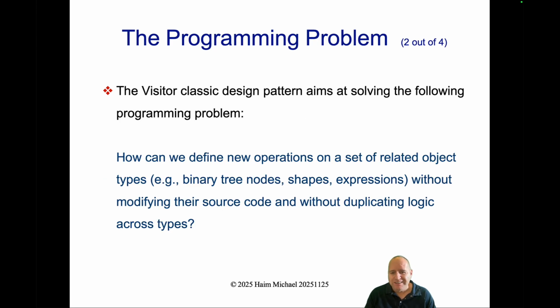So the classic visitor design pattern aims at solving the following problem. How can we define new operations on a set of related object types, for example binary tree nodes, shapes, expressions, and so on, without modifying their source code and without duplicating logic across types? How can we achieve that?